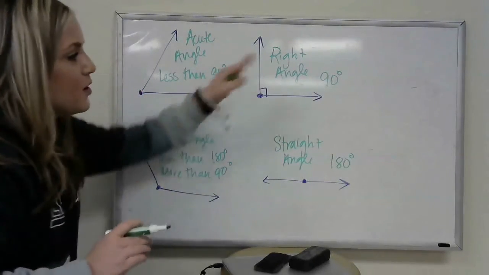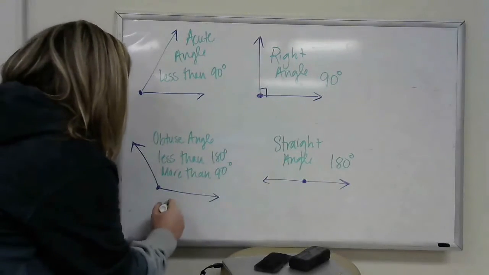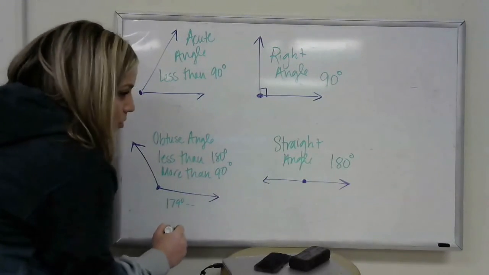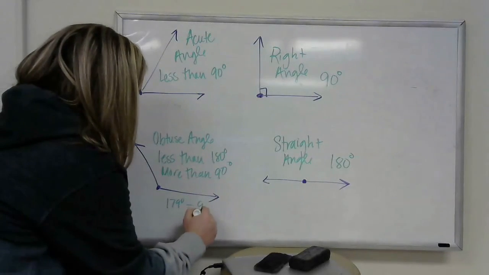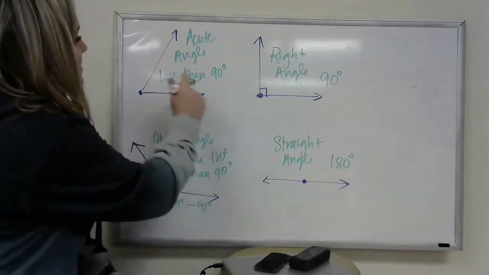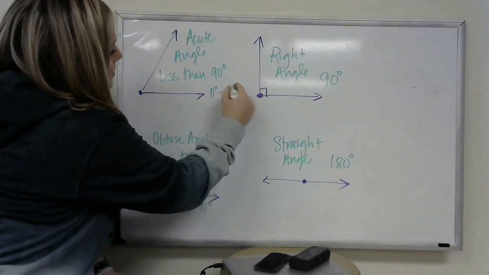So it's bigger than a right angle, but smaller than a straight angle. So basically, it's anything between 179 degrees and 91 degrees. And an acute angle is anything between 0 degrees and 89 degrees, okay?